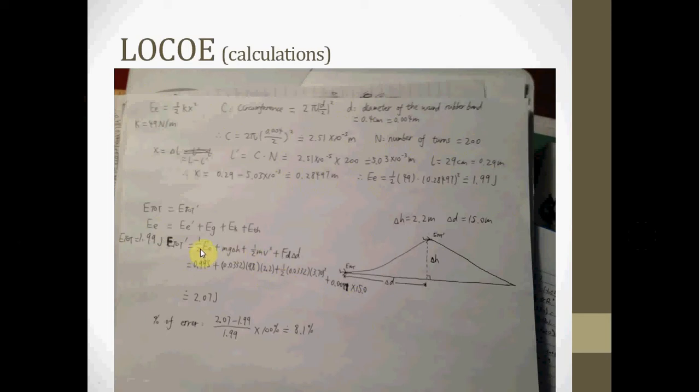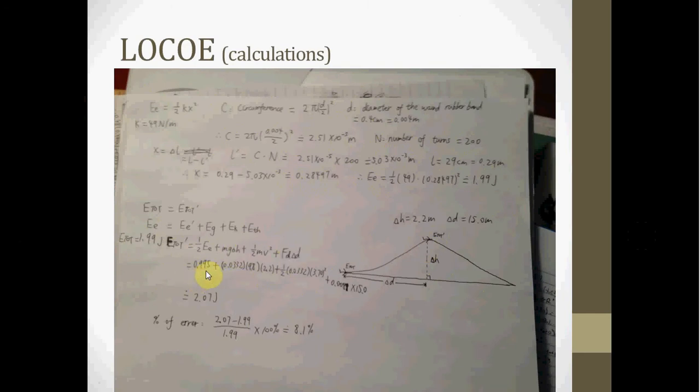So E kinetic, Eg, and the force of drag, as well as EE, which was left over because we only calculated to the max height first, so only half of the elastic potential was used.